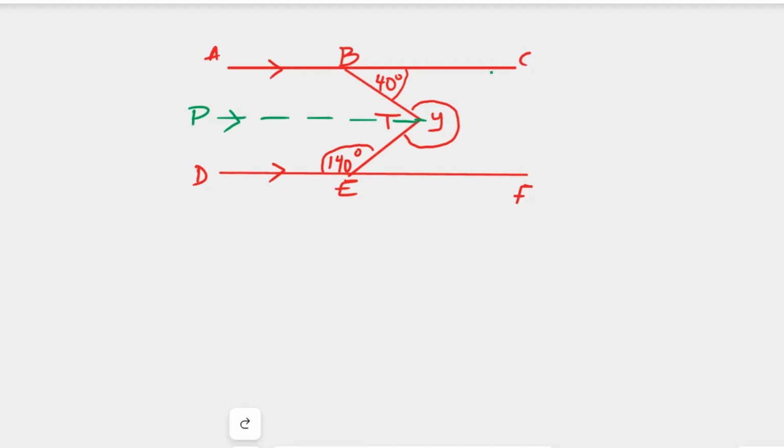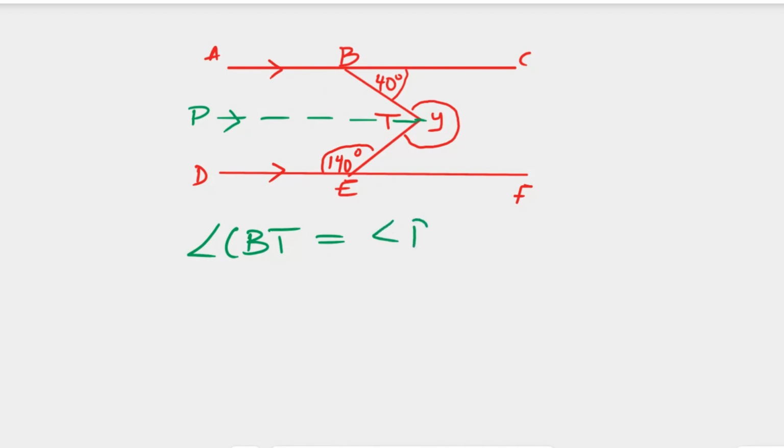Angle CBT is the same as this angle since they alternate. You should know how to use these points to name angles. They are very, very crucial in solving angle questions. So angle CBT means this angle, and it is equal to this particular angle, which you can call angle PTB.